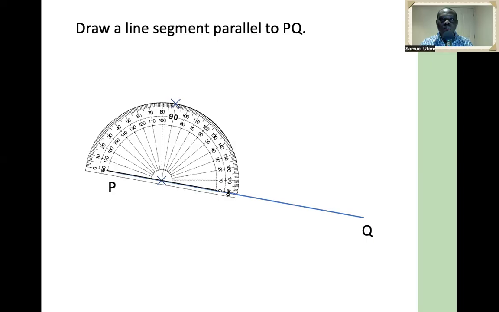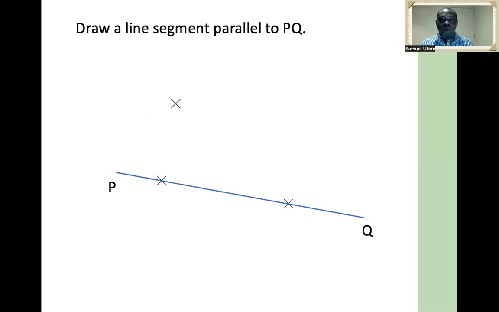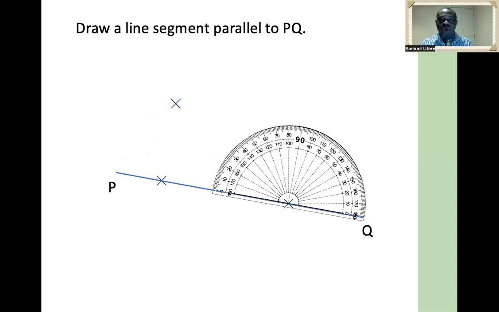Why? For a parallel line, the perpendicular distance of all the points from that line to the other line that is parallel must be equal. So the perpendicular distance must be equal. That's why we're doing this. So we'll mark another point and we'll use our protractor to mark 90 degrees.